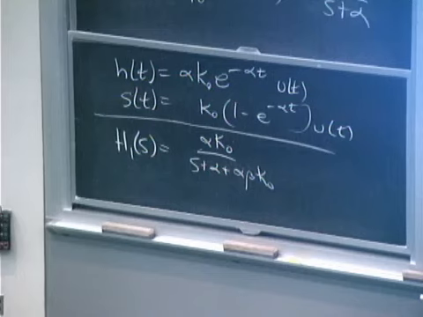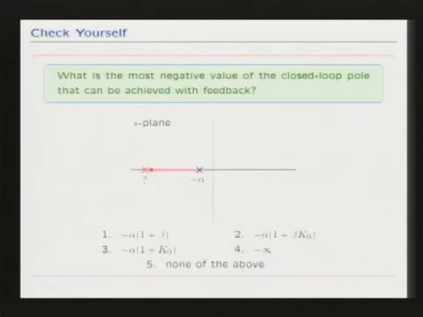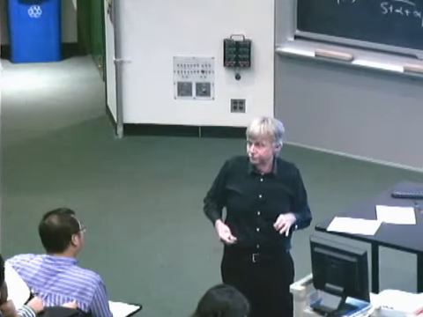So now, the effect of that, it looks as though what happens is the pole went from here to here. How big of a change is that? What's the biggest change in the position of the pole that you can achieve using feedback?